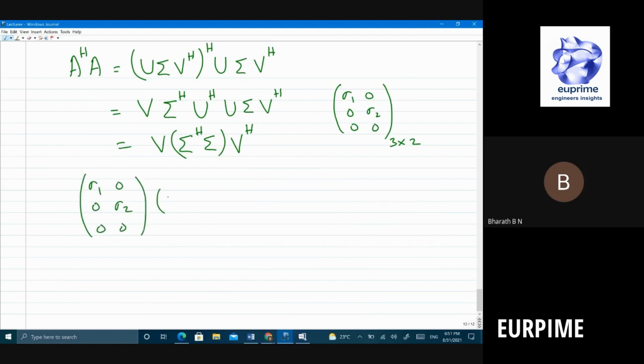So I have to convert this into 0, sigma 2, 0, right? What is the product? This will be sigma 1 squared, 0, 0. This will be 0, sigma 2 squared, 0. What will be the last row? This will be your sigma Hermitian or sigma transpose, right?